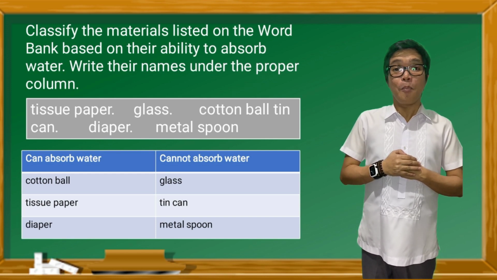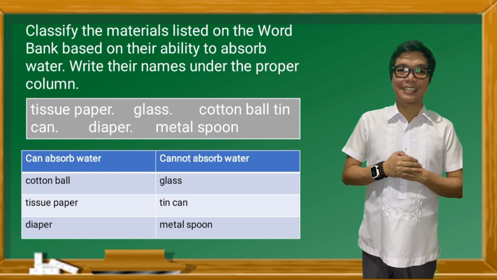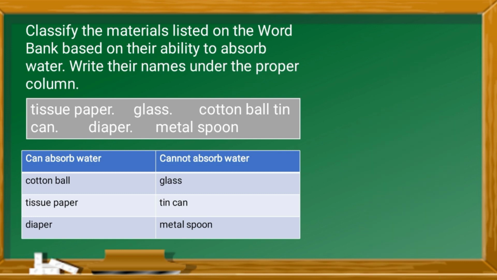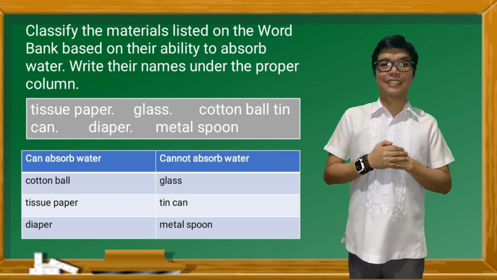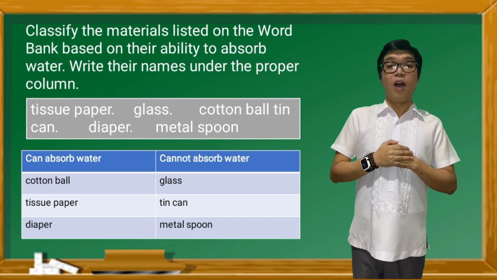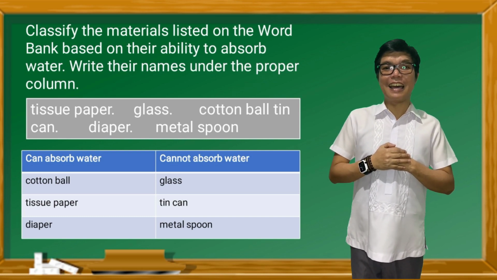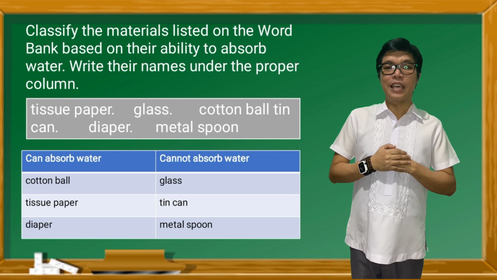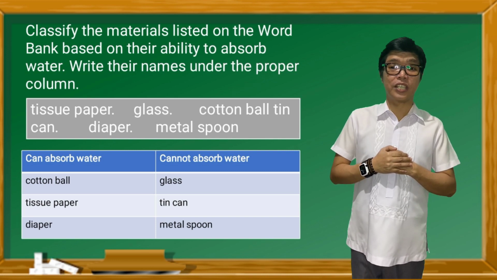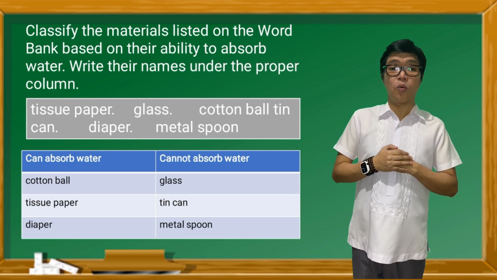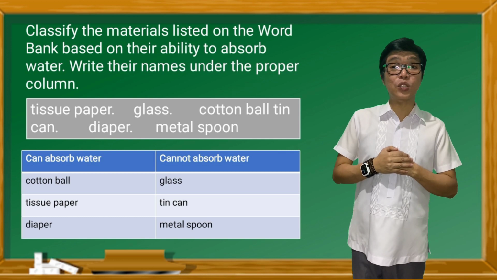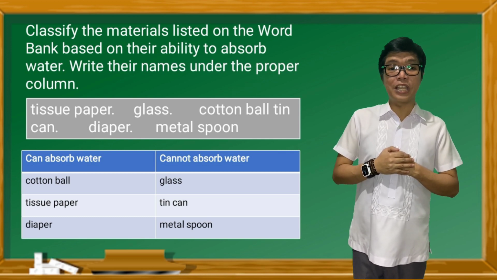They are called porous materials. While glass, tin can, and metal spoon cannot absorb water. They have no holes which allow liquid to pass through. They are called non-porous materials.